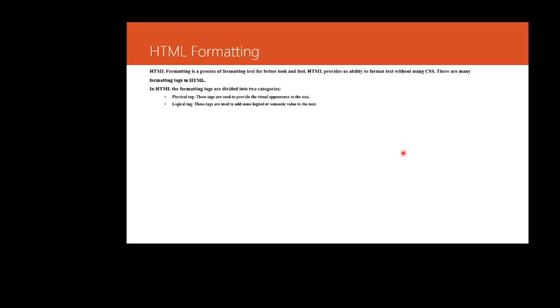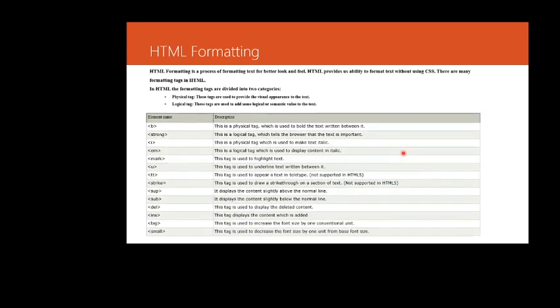These can be physical tags, which provide visual appearance to the text, or they can be logical tags, which give logic or semantic meaning to the text. So there is a list of all these tags. For example, B, which is used to bold the text. We have strong. It is a logical tag because it tells that the text is important, although the effect of bold and strong remains the same.